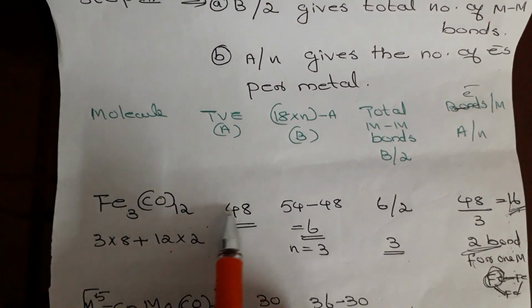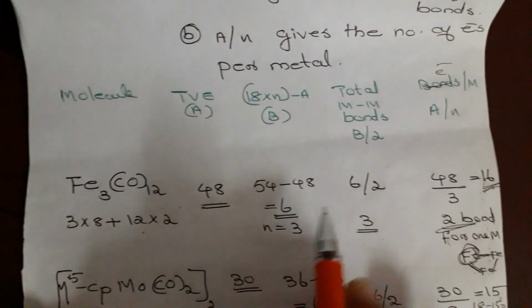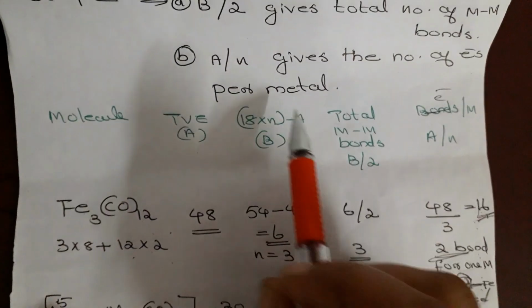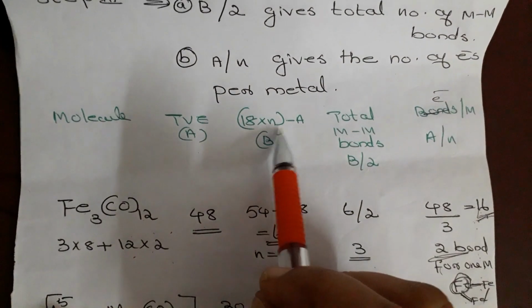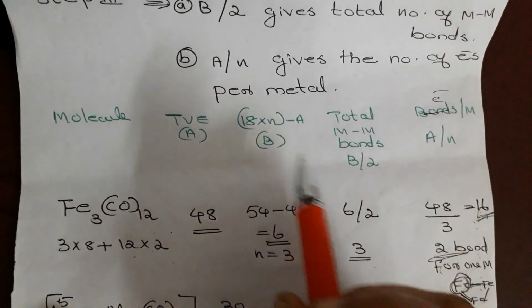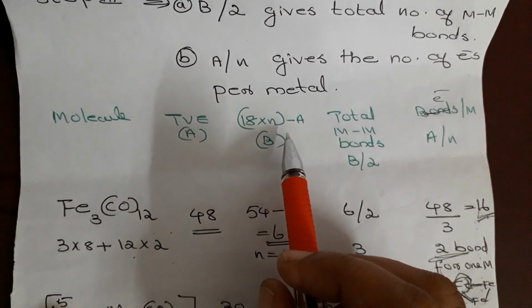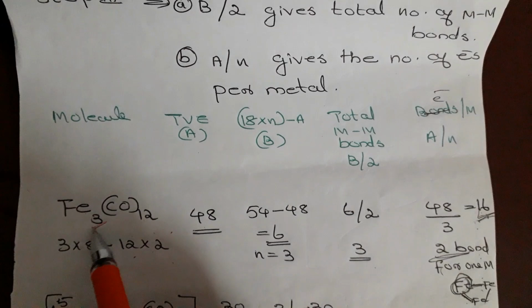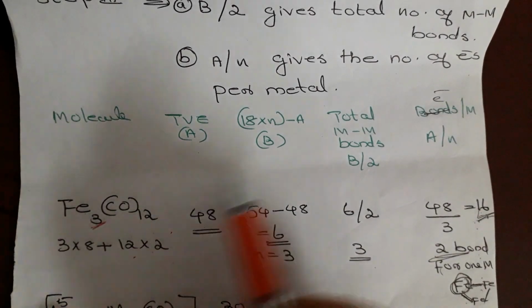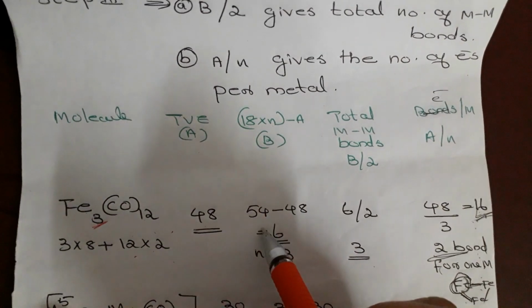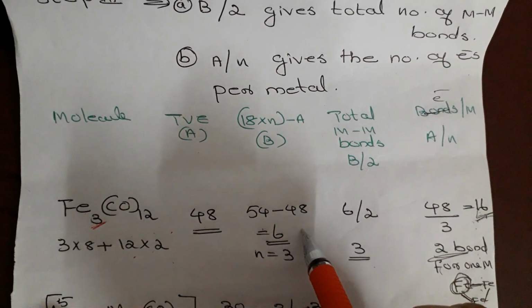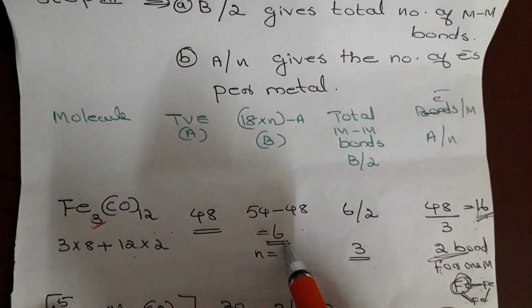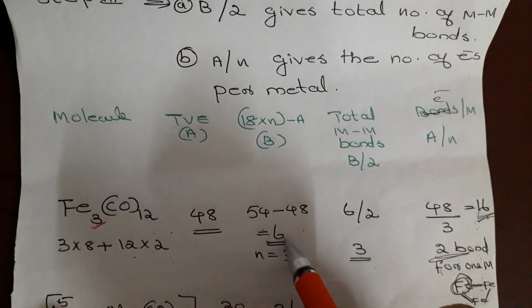A is 48. Then 18 into n minus A: n is the number of metal atoms, 3, so 18 into 3 is 54 minus 48, we get 6.